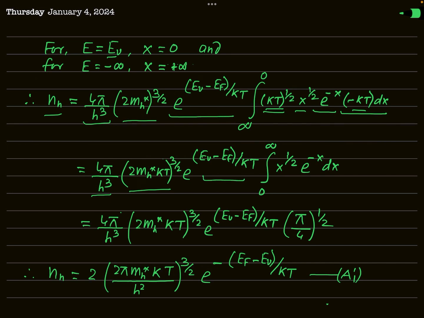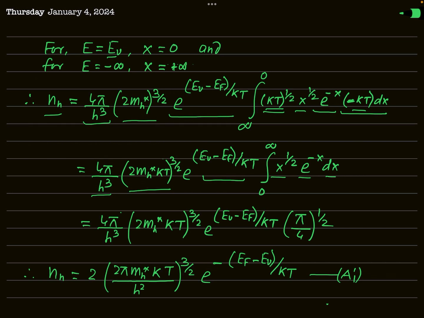This exponential factor is as it is, and inside the integral there is x to the power half e to the power minus x dx. But due to this minus sign, you can omit it by interchanging the limits. This is the property of definite integral, that this minus will become plus if we interchange the limits. So now the limits are 0 to infinity.